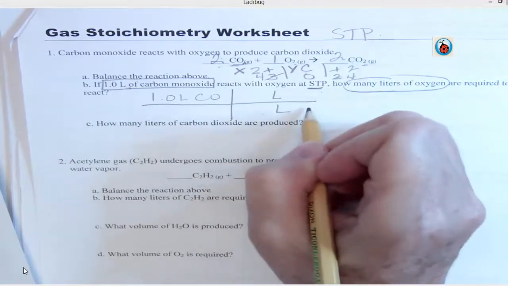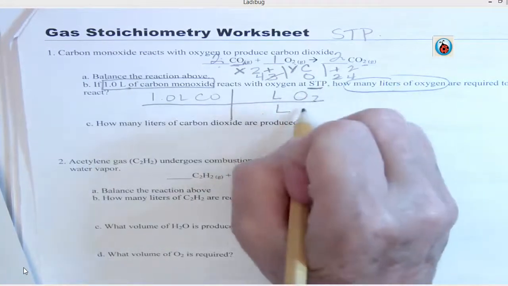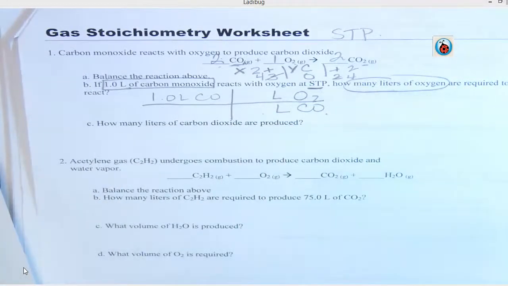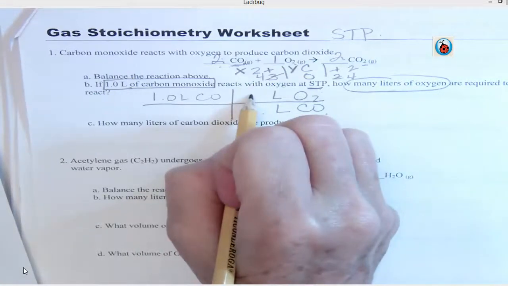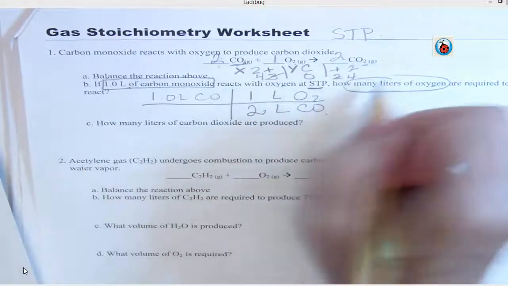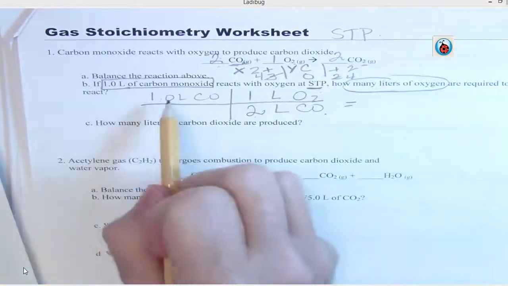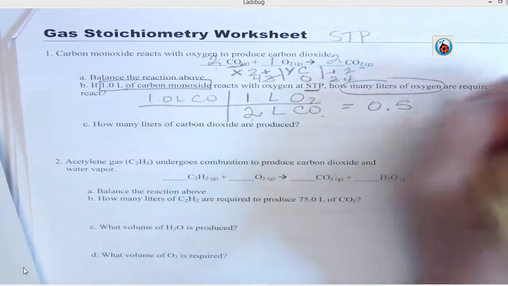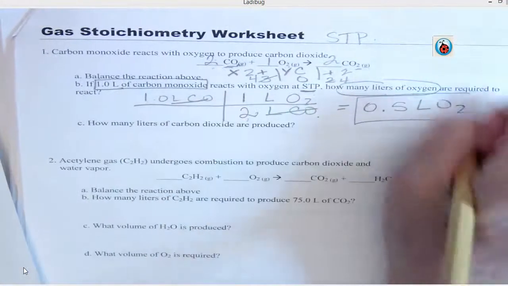I'm going to have liters of oxygen as my Y, and liters of carbon monoxide as my X. Okay, so here's what's happening. I just need to get my coefficient in front of my Y, which is a 1, over my coefficient in front of my X. So it's a 1 to 2 mole ratio, and I'm ready to calculate: 1 times 1 is 1, divided by 2 is 0.5 liters of oxygen gas. So there's my answer for number 1.